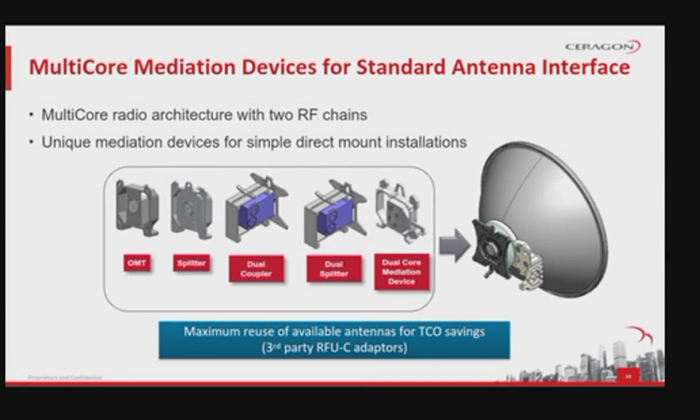Thus we have the OMT mediation device, used whenever transmission is happening on both polarizations. The splitter, used to aggregate the 2 carriers of IP20C over one port. The dual coupler mediation device, used in 2+2 hot standby configurations.